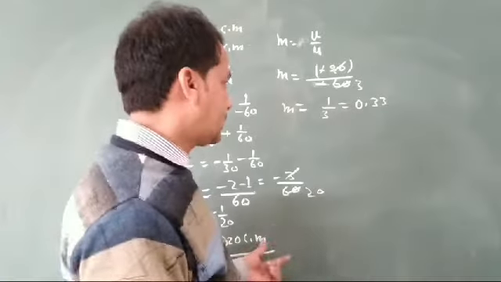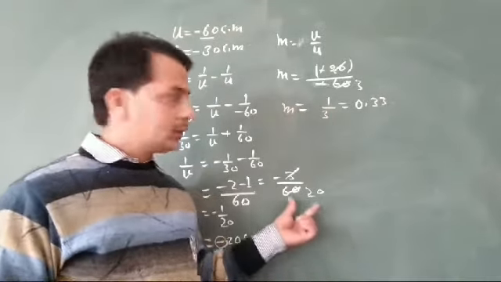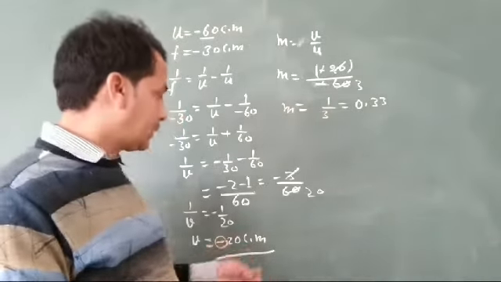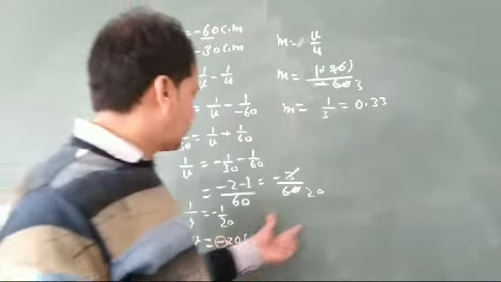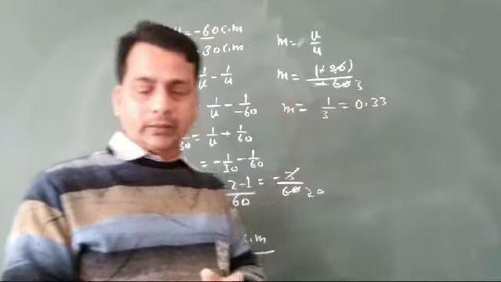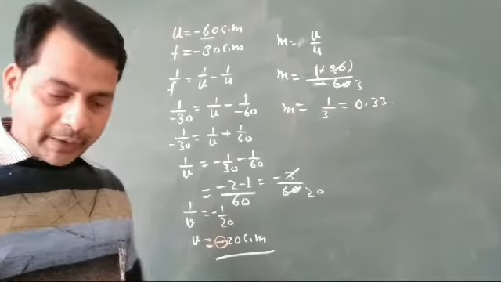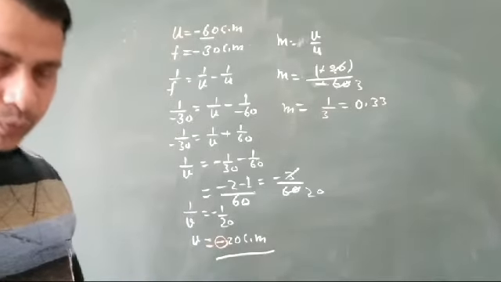That is, the image is virtual, erect, and smaller in size than the object. The next question is to draw a ray diagram to justify your answer of part 2.